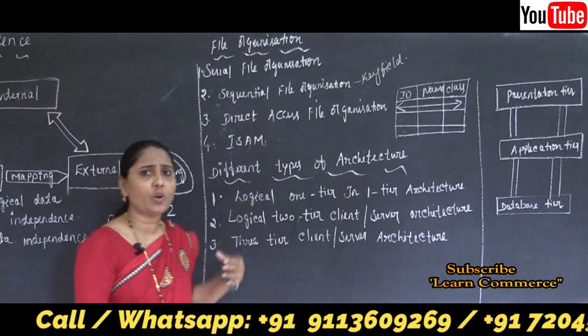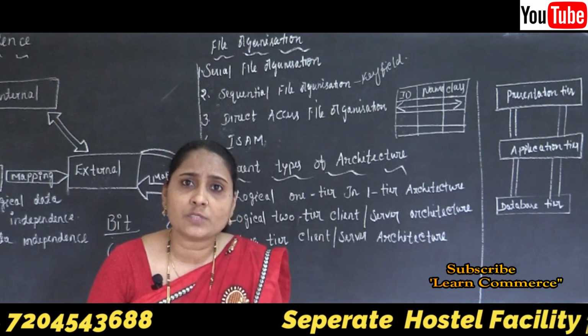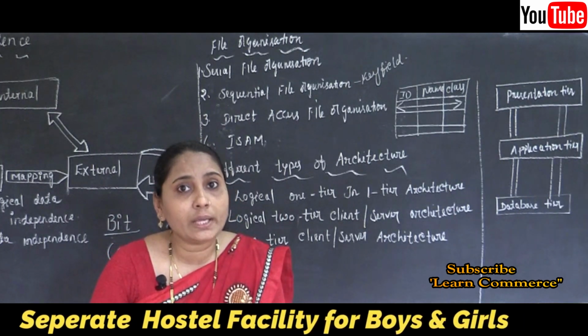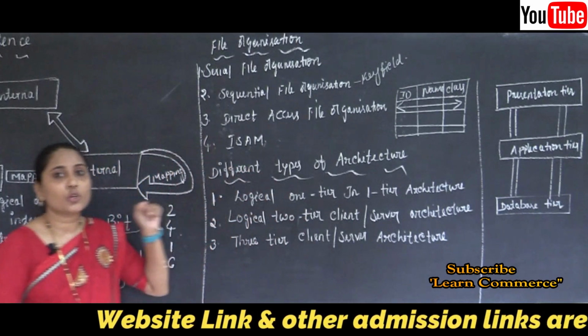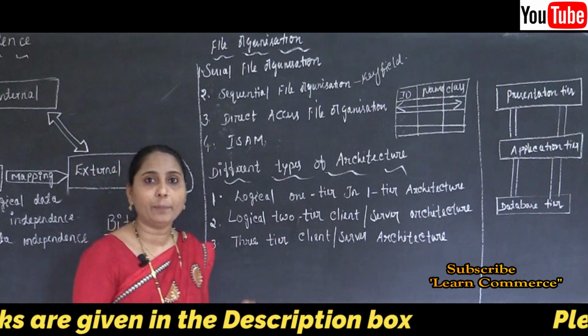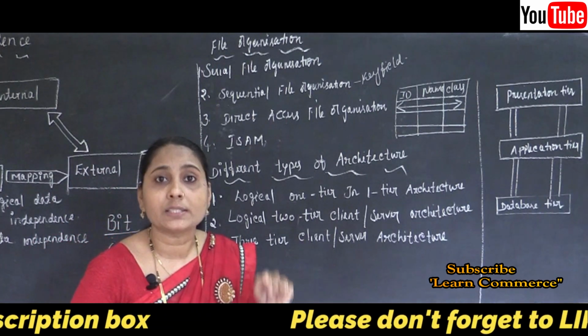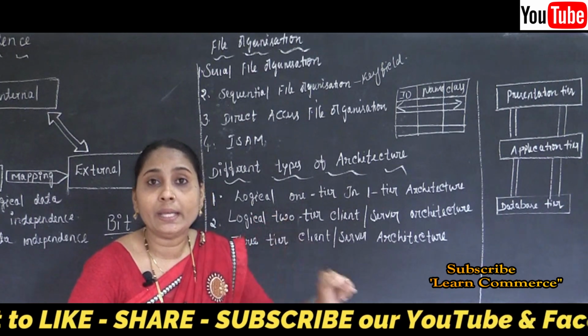So what's the feature of direct access file organization? It has the capability of directly reaching any location. This is the most important capability of direct access file organization; it is possible to reach any location.